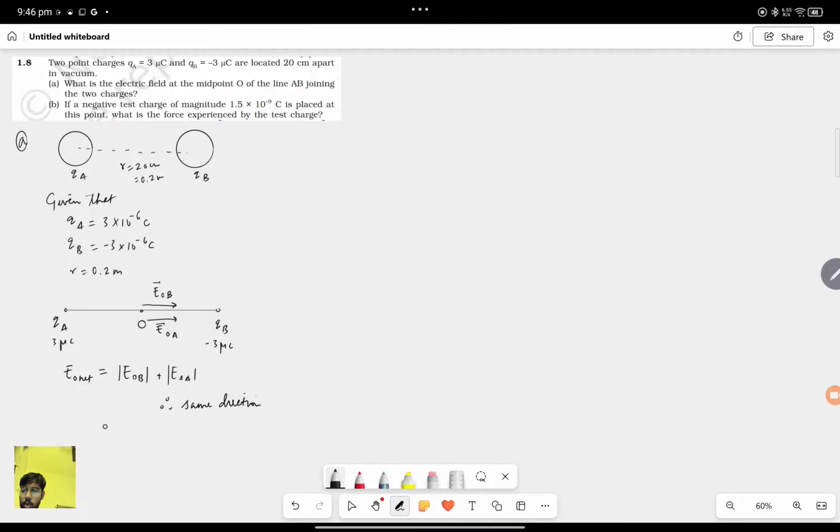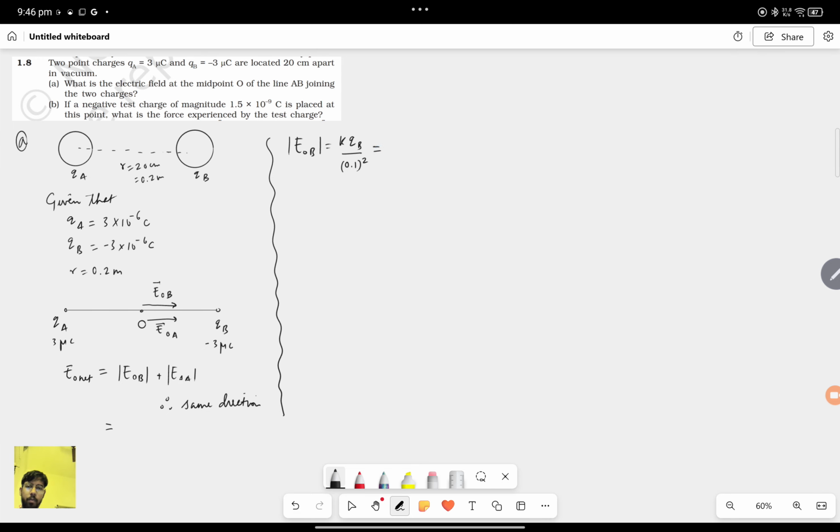So EOB we have to find. EOB magnitude is equal to K QB by R square, which is 0.1 square, right?